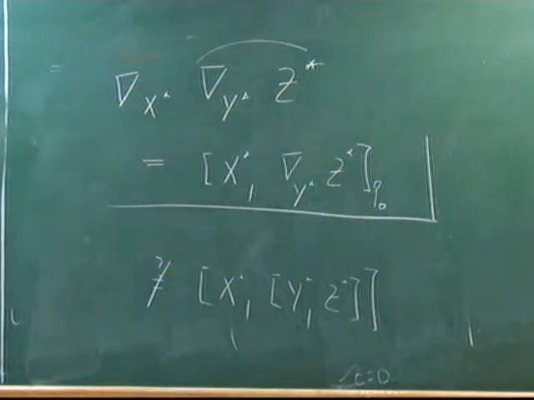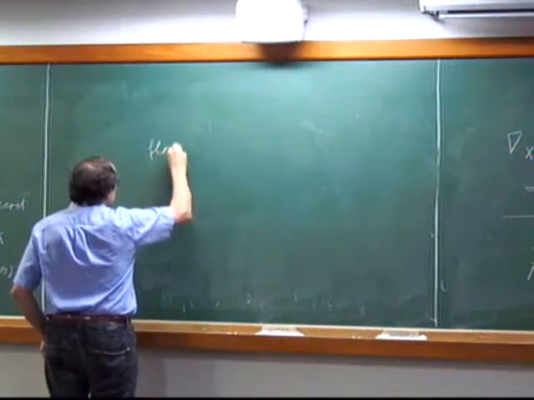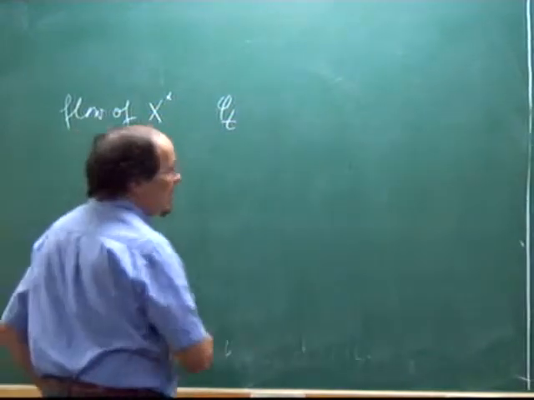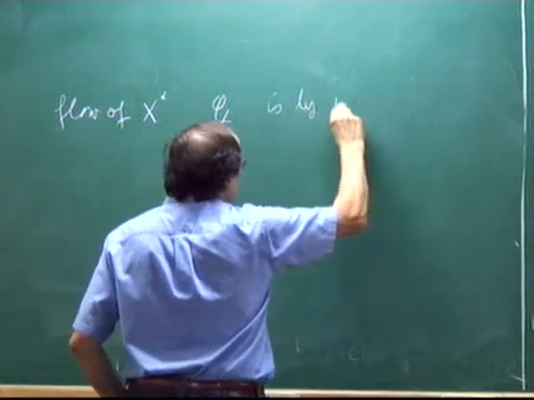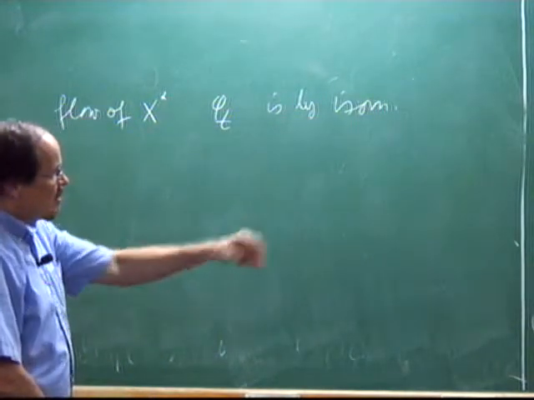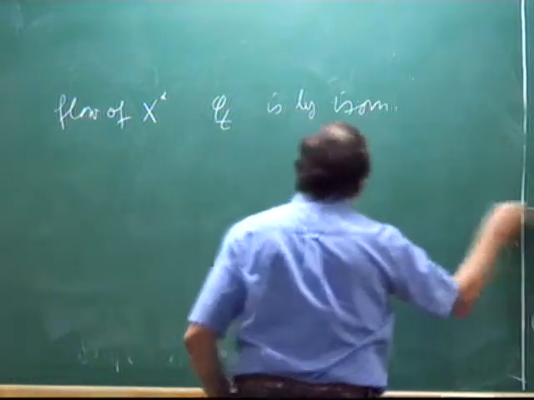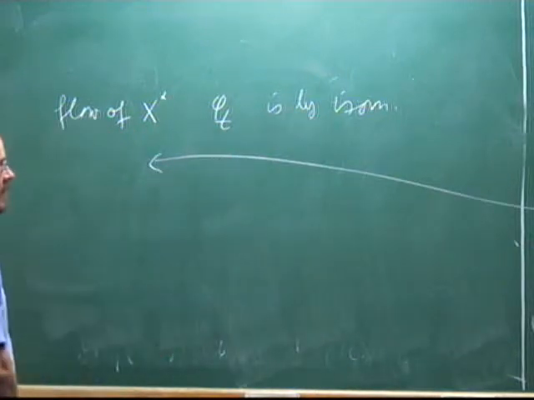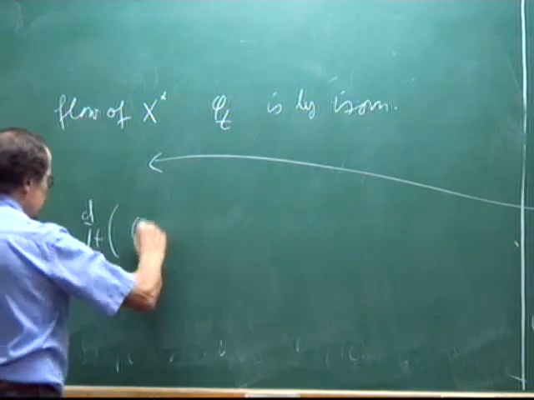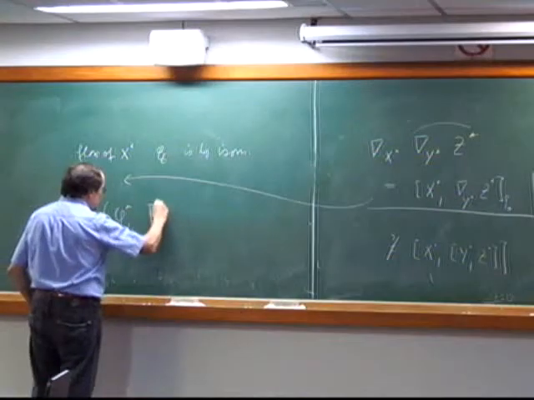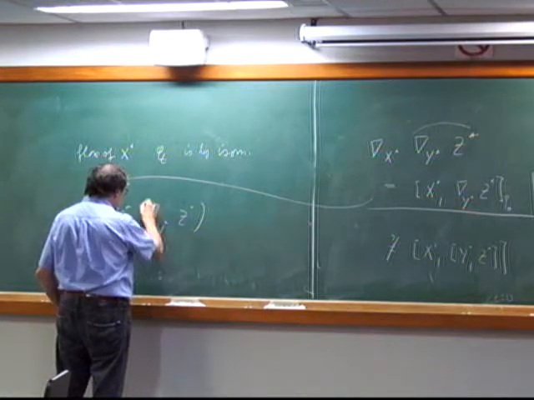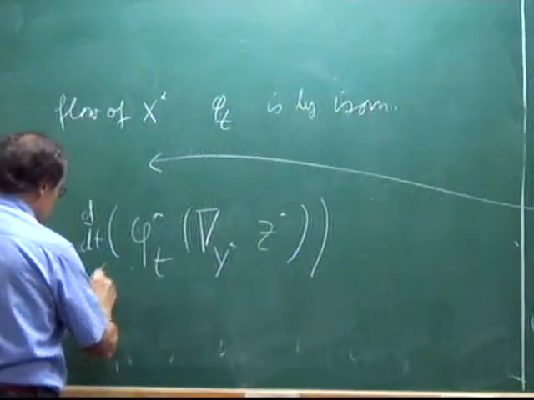Now I use that the flow of X*, let's call it phi_t again. It's left translation, it doesn't matter, it's by isometries. So I can compute this object over here also in the following way. It's d/dt, it's a Lie bracket. d/dt of phi_t^* of ∇_{X*} Y*, Z*, and then at t equals 0.